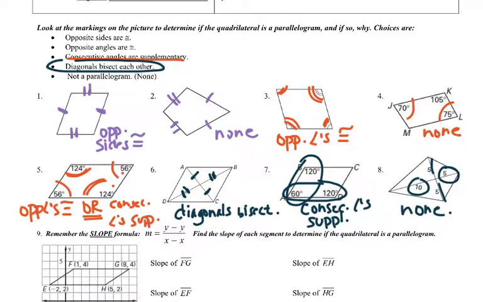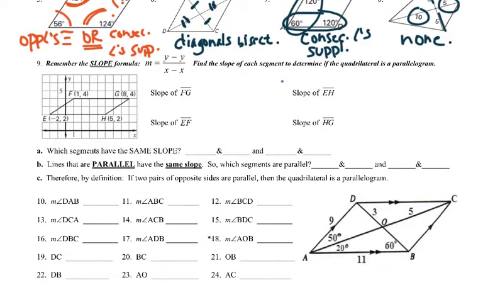So that's that, and then now we're going to just add on slope. And slope is something that you've done a lot in previous math classes. And so the slopes, remember, can tell us if lines are parallel. Parallel lines have the same slopes. So you might remember the slope formula, y minus y over x minus x.